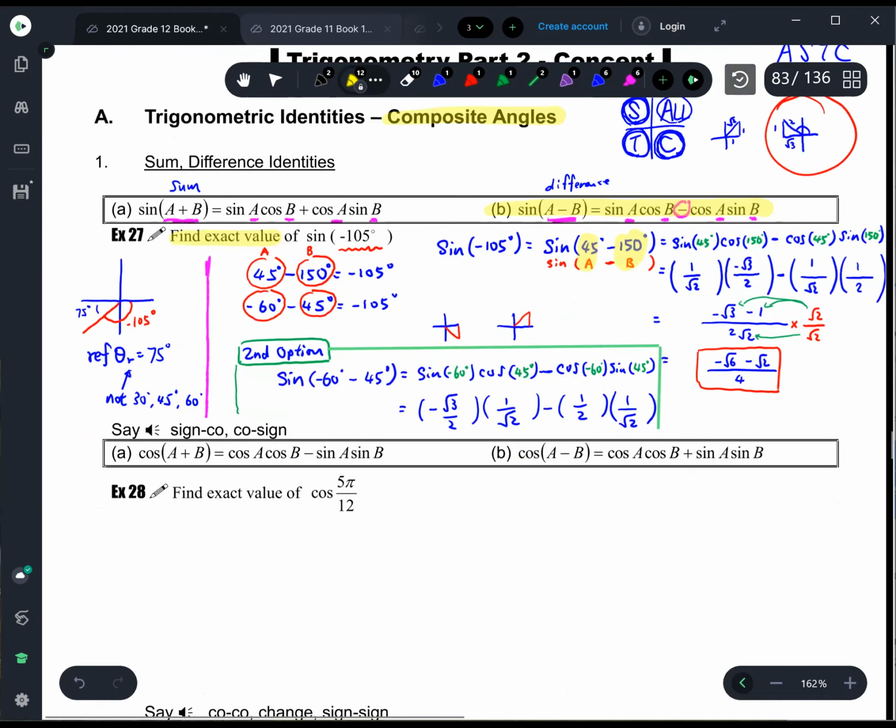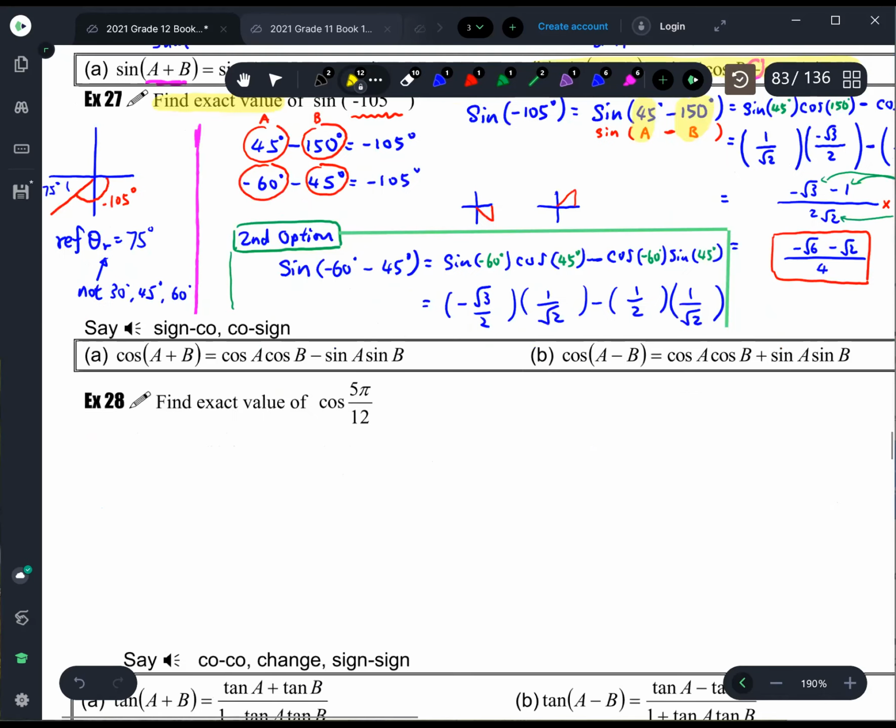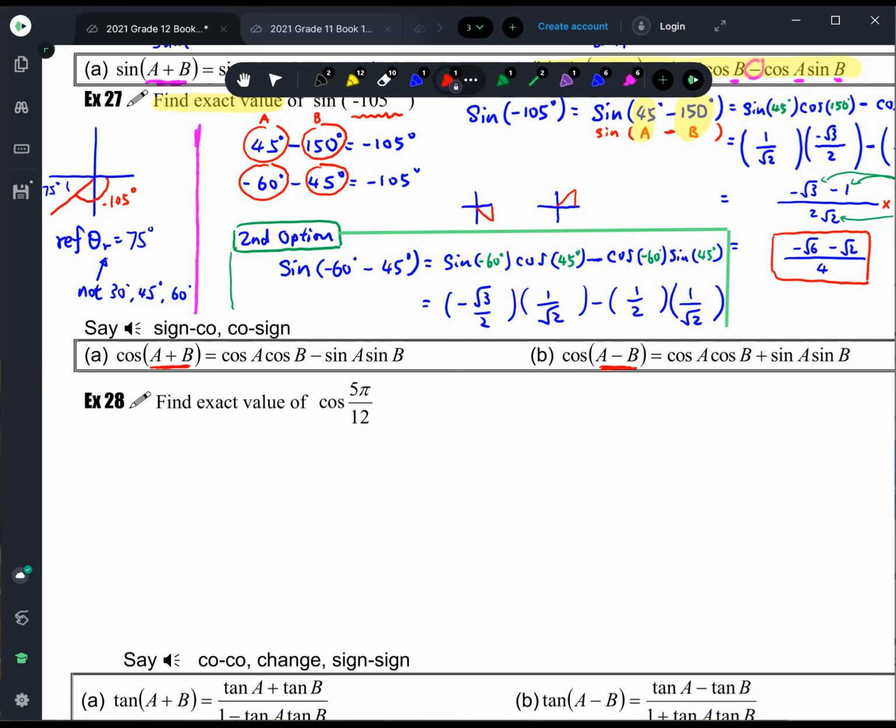In this case, because we're at cosine, you cannot use the sine identity, you have to use the cosine identity. So the cosine identity looks like this. This is cosine of a sum, and cosine of a difference. Let's start with the cosine of a sum.